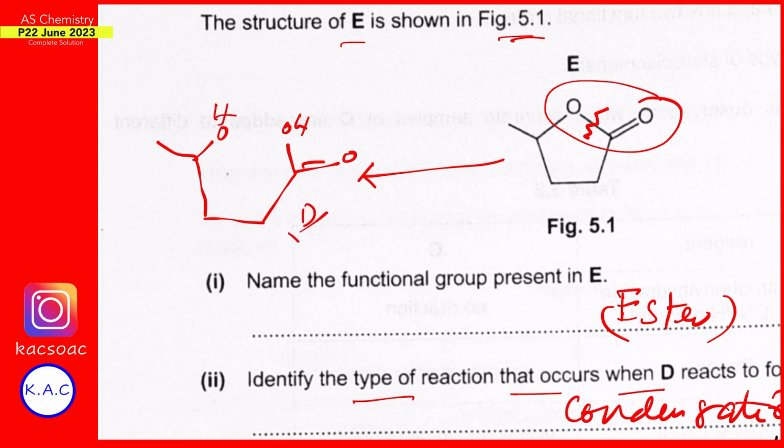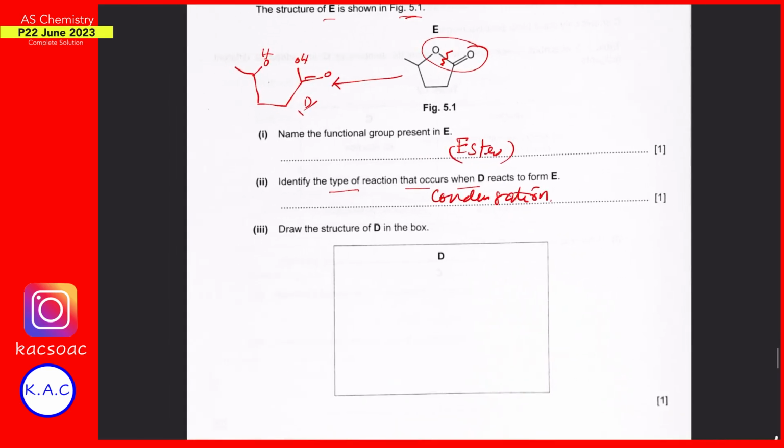This is D. 1, 2, 3, 4, 5. Yes, OH. And here must be an OH group.